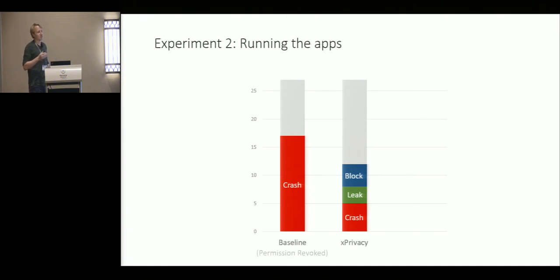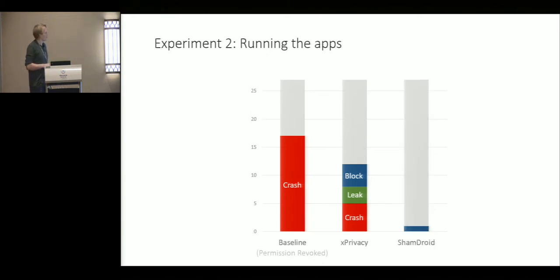They're in some state in the code where they cannot proceed anymore. And we have 3 cases where, and that was very surprising to us, the tool actually leaked the private information because it's a framework-based approach as opposed to our rewriting-based approach. So they didn't really revoke the permission and let some of the calls to this private resource through.